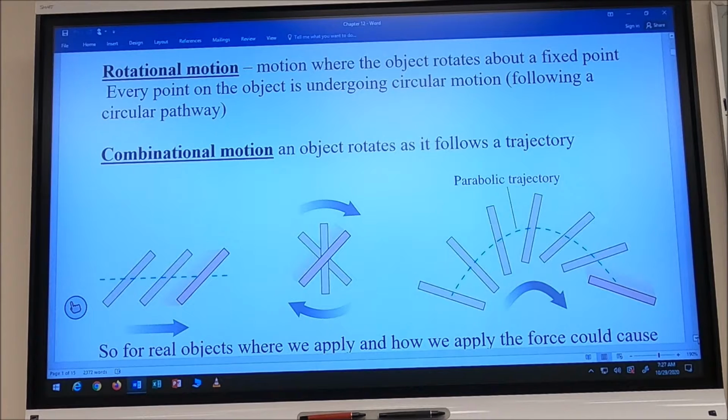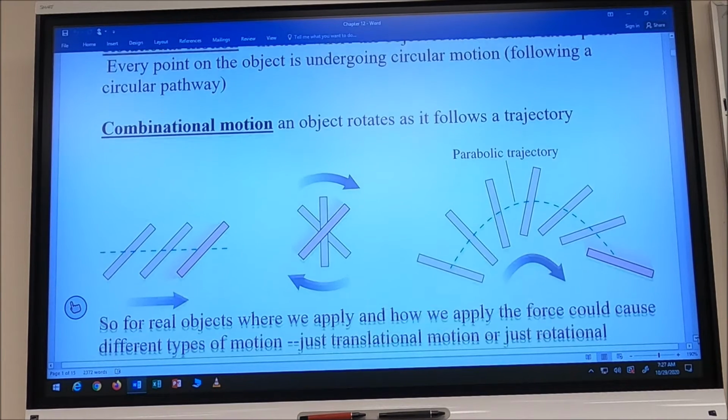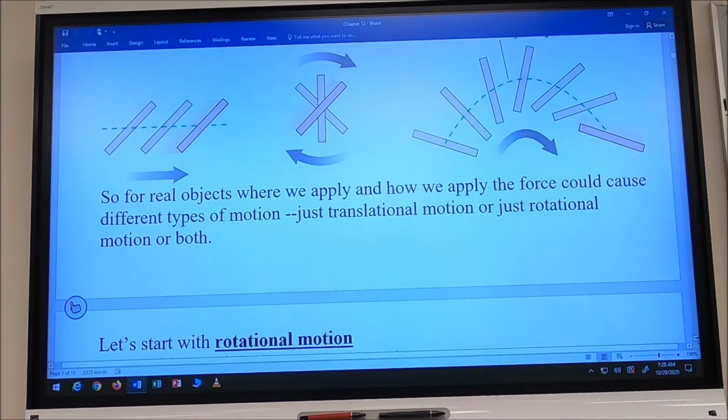Every point on the object then is undergoing circular motion. And combinational motion, where the object rotates as it follows the trajectory. So you can see in these 3 diagrams, translational motion, pure rotational motion, and combinational motion.